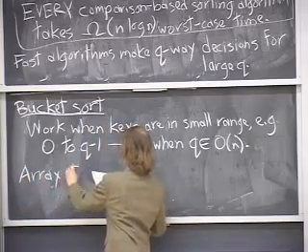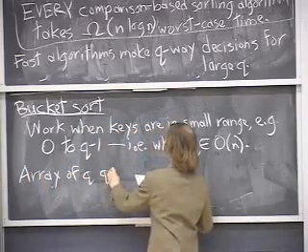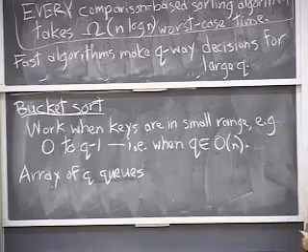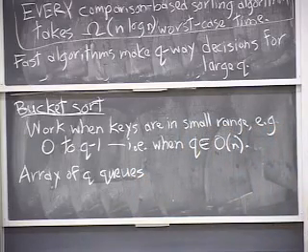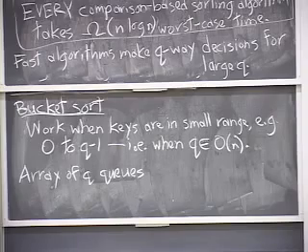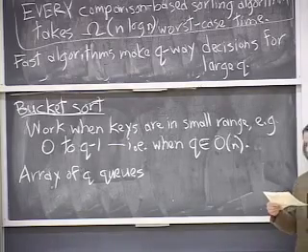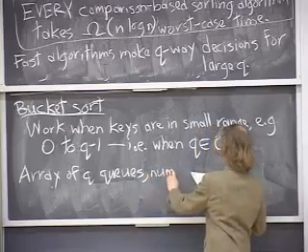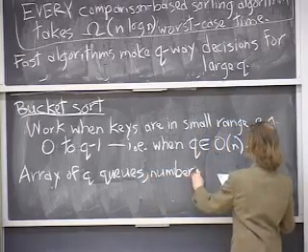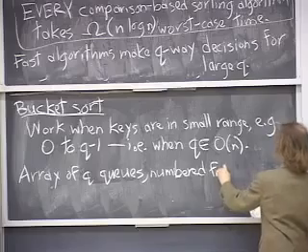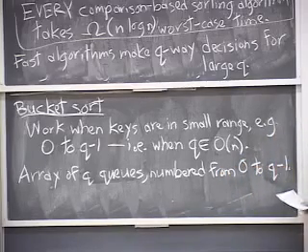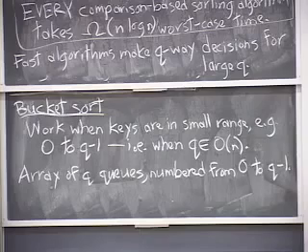We're going to have an array of queues. These could be just singly linked lists with tail references, which are basically the same thing, but we're going to use the queue operations exclusively. And these are numbered from 0 to q minus 1. These queues are called buckets, just like in hash tables.